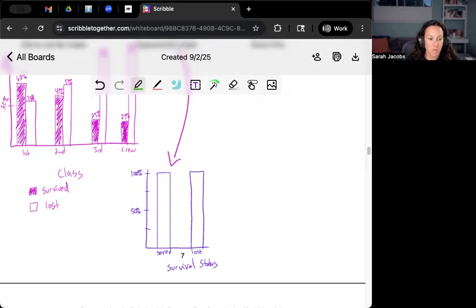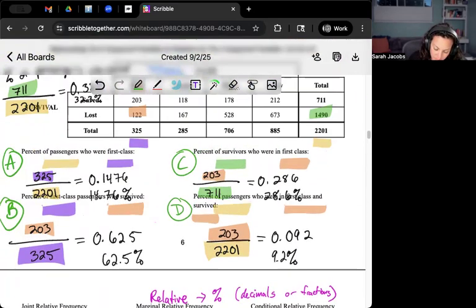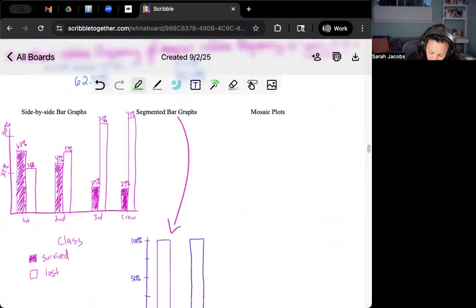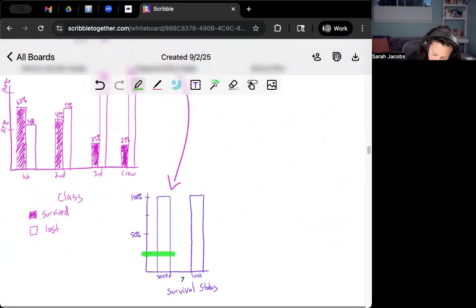All right. So within the group that was saved, within the group of survivors, the percent of survivors who were in first class was just under 30%, 28.6. So here's 25. So I'm going to say of the survivors, this was my first class.